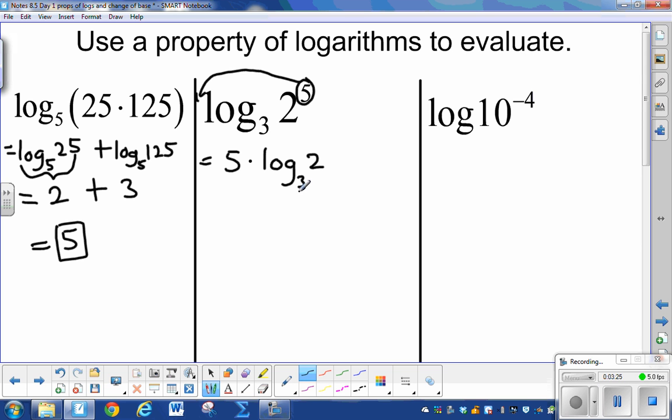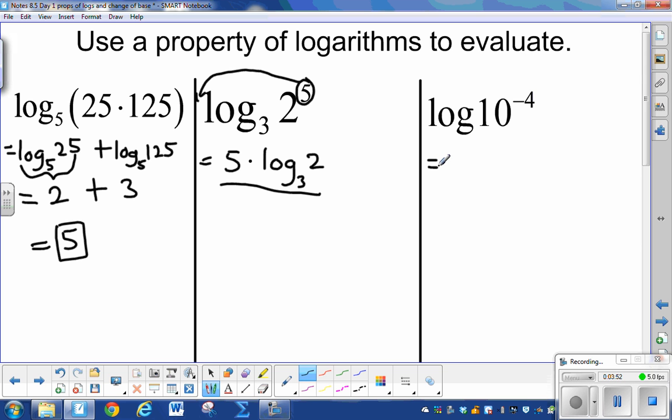At this point in class, I think with 4th period but not 5th period, we stopped, because for log base 3 of 2, since we're working on simple evaluations and I haven't shown you the change of base yet, 3 to what power is 2? There's no integer power that will turn 3 into a 2. So I'm okay with you guys just leaving it like this for now. Once we know how to do the change of base, though, you do have to work this out.